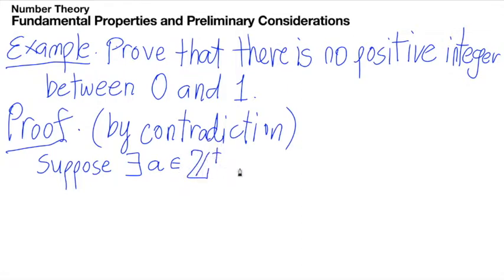between 0 and 1. Okay, so there exists an a which is a positive integer between 0 and 1. So let's try to falsify this false statement, leaving us that this is true then.